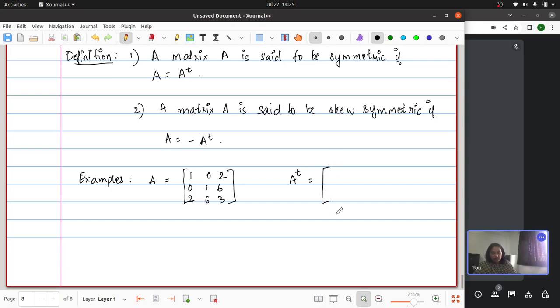So, the first row becomes the first column 1 0 2, second row is 0 1 6, third row is 2 6 3. So, we have got back the same matrix, right. So, A is symmetric.